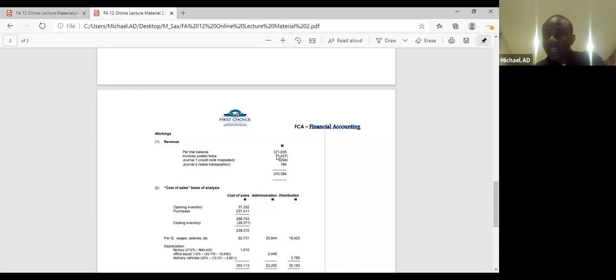It was posted twice and we had to remove it from our trial balance. The invoice that we had to credit our revenue and debit our accounts payable. This is it. And that we have to credit our revenue and we debit our accounts receivables.